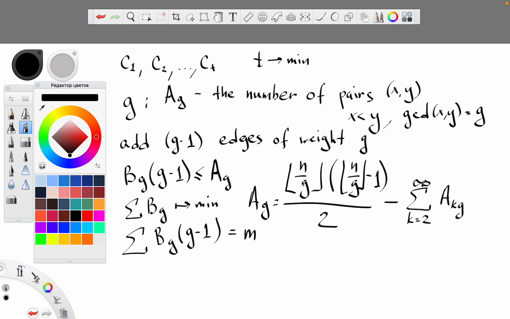So if we can take some group, but the optimal solution doesn't take it, then it should take some other things, at least two of them. Let's take the biggest of them and move it right, then we should be able to move this thing left.